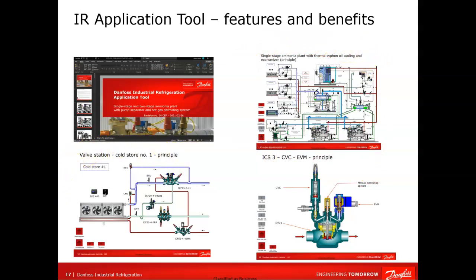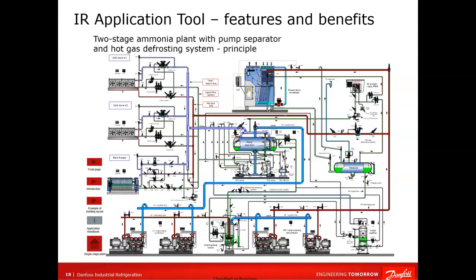The detailed drawings show you which valves and piping are needed for the specific area. By clicking on the valve type designations, you will get detailed cutaway drawings and explanations of that specific valve. The interactive slideshow also provides you with useful links to technical literature, product animations, and videos.